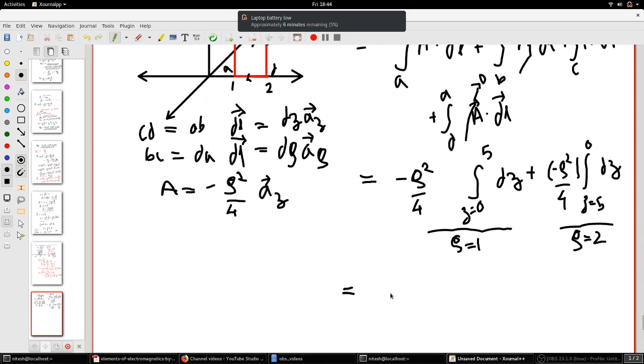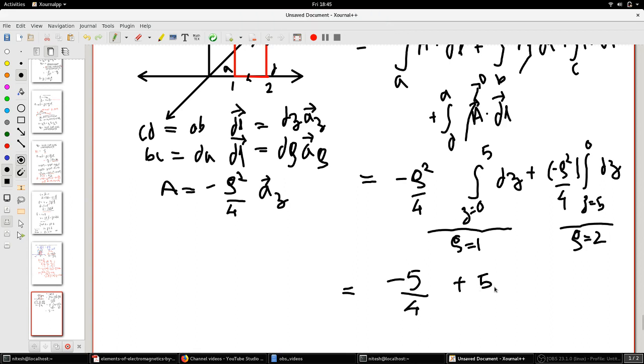So this will result in rho is 1, so minus 1 by 4 into 5, so this will be minus 5 by 4, and this will be 2 square, which is 4 by 4, 1 into 5, so this will be 5. So this will become equal to 15 by 4, which is again 3.75 Webers.